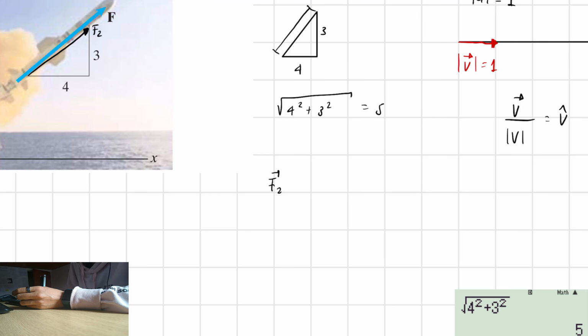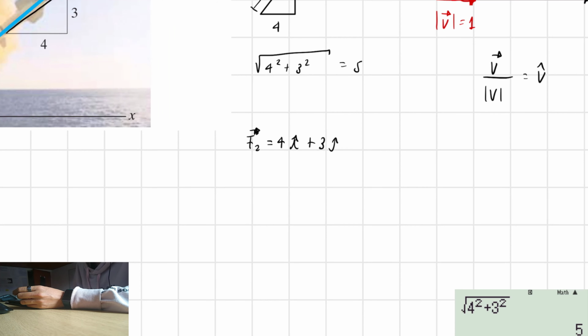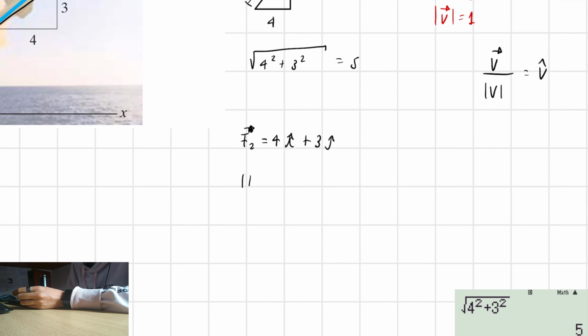F2 vector is going to have two different components, which are going to be 4 along the i direction plus 3 along the j direction, right? And I already have the magnitude of the vector F2, which is equal to 5.